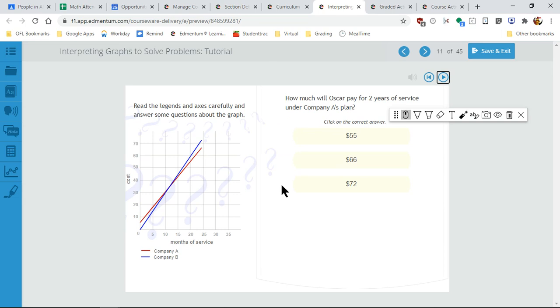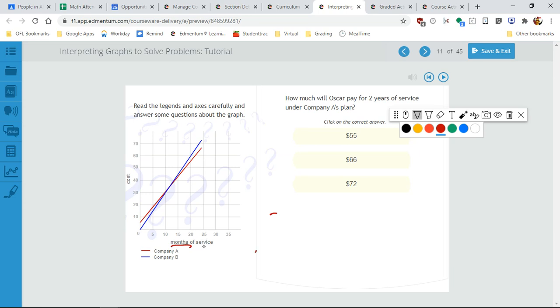So for this one, when we're comparing these lines, it's asking how much will Oscar pay for 2 years of service with company A. So we're going to look at company A, which is this red line, and we want 2 years of service. Notice that this is months of service, not years.